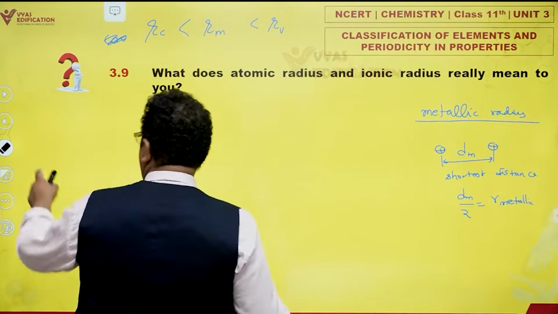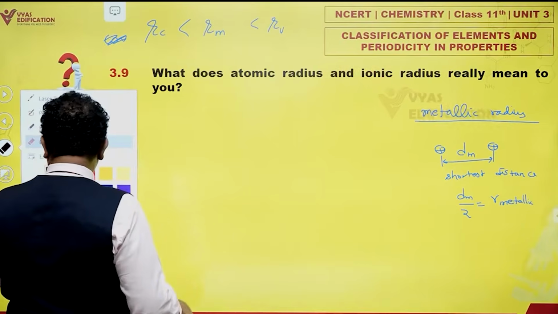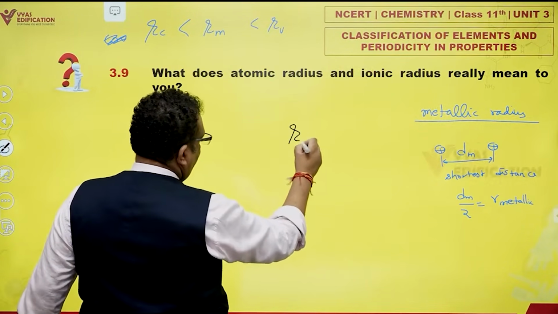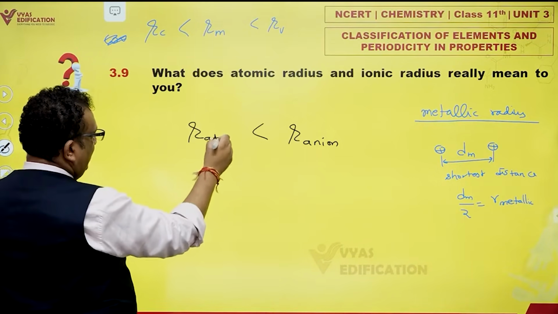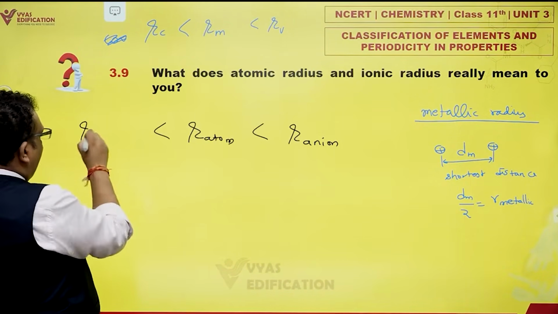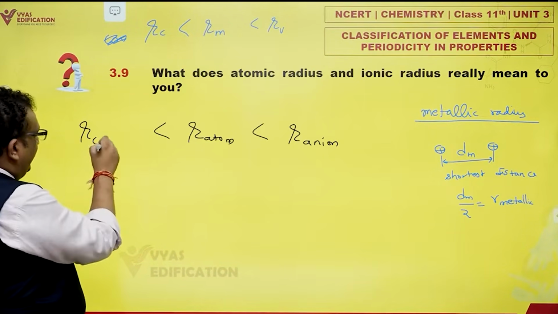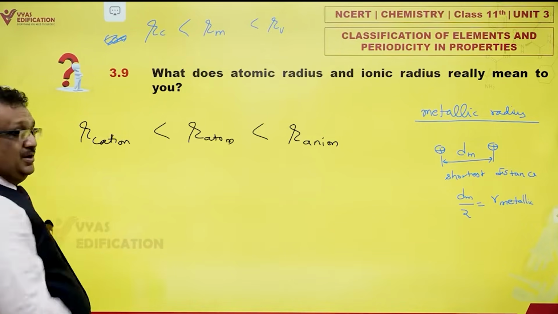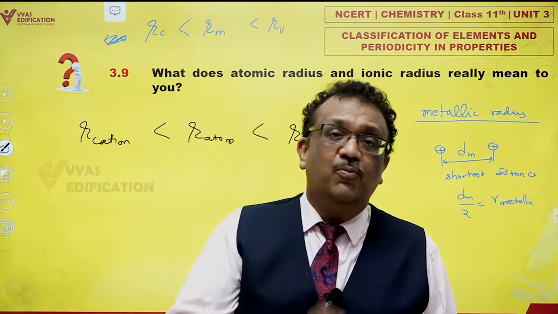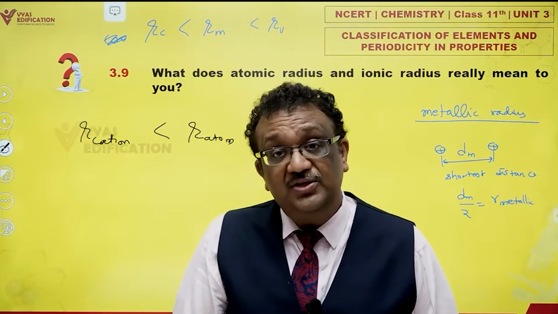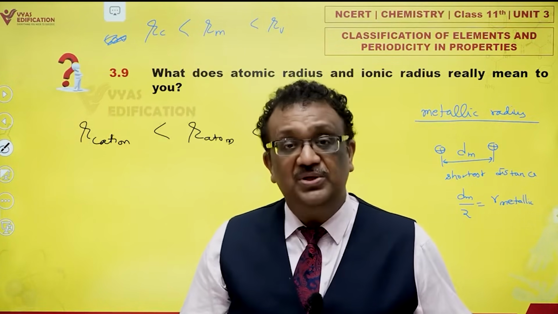So you would find that radius of anion is always greater than radius of a given atom, and atom is always bigger than radius of its cation. If I have Na plus or Na minus, Na plus is bound to be smaller than Na atom, and Na minus is bound to be bigger than Na atom, obviously.